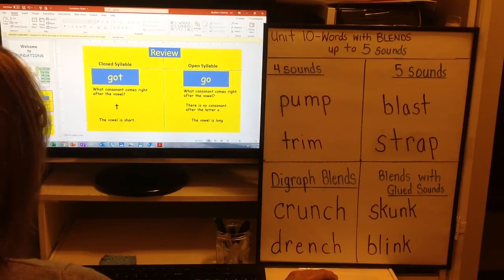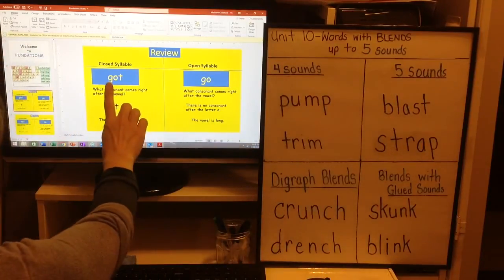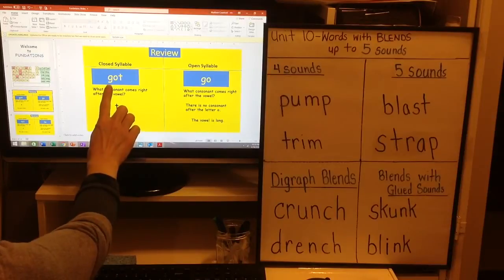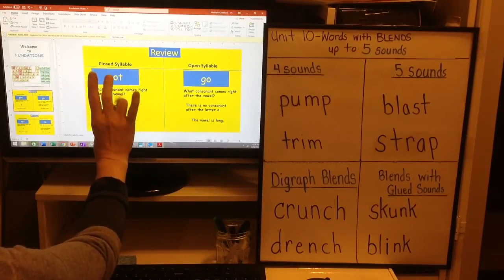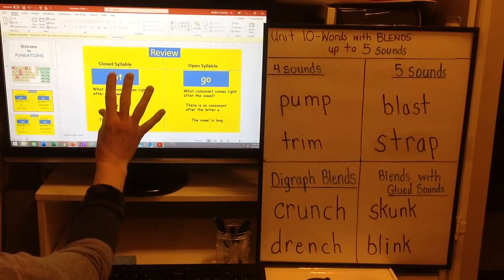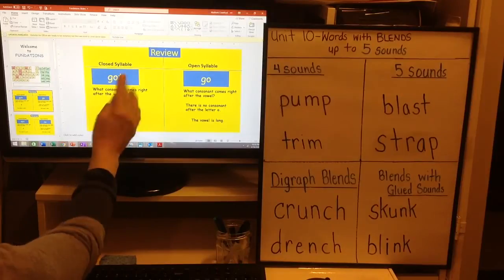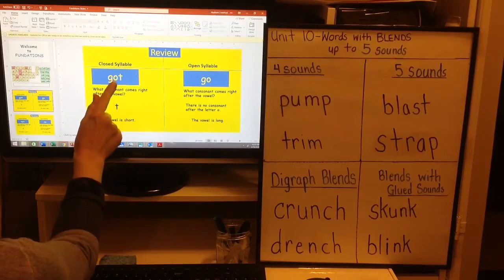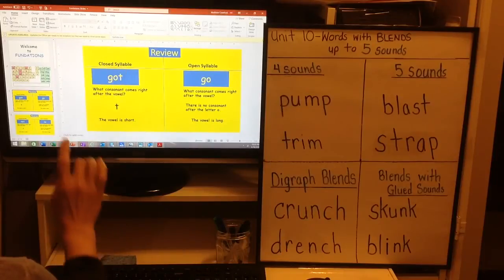So this word, if we were to tap it out, okay, let's put our elbows up, and let's tap out this word right here. Ready? Look at the G and say g, ah, t, got. Okay, so that O made a short sound because the T came right after that vowel and closed it in. That's why it's called a closed syllable.